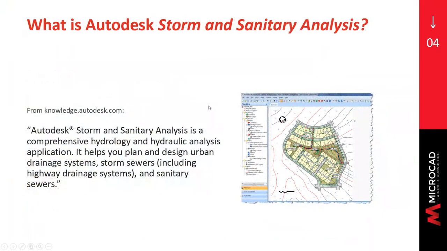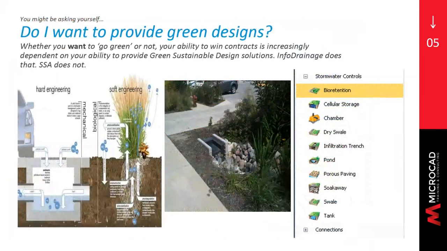Okay. Let's back up to Storm and Sanitary. What is Storm and Sanitary Analysis? Okay, this is from Autodesk. Comprehensive hydrology and hydraulic analysis. So this will answer the numbers basically. This will give you the drainage calculations that you need, but this is what's considered hard engineering.